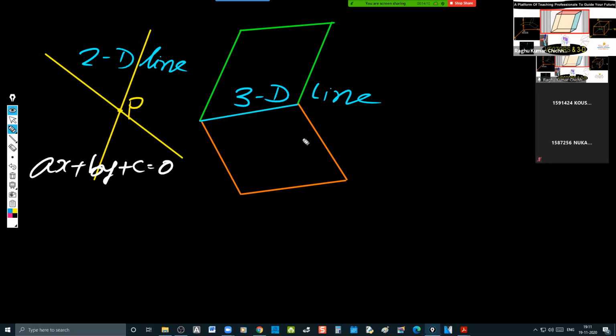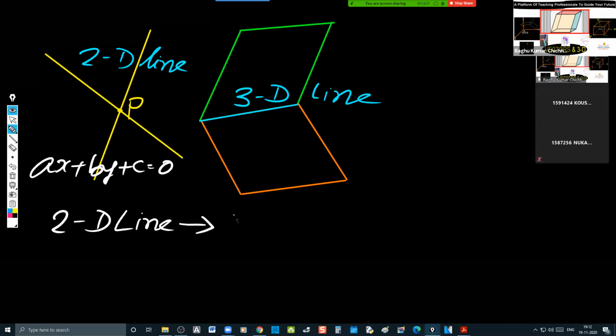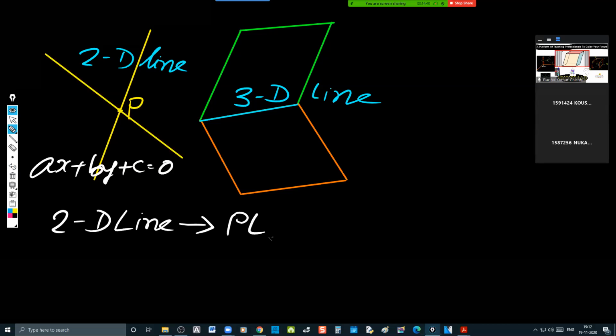Of course, if you take the plane individually, a plane consists of only two dimensions. Now, if you take any two planes that are non-parallel, that comes under three-dimensional. Now, always understand that all the 2D line concepts are just transformed to the plane, please.